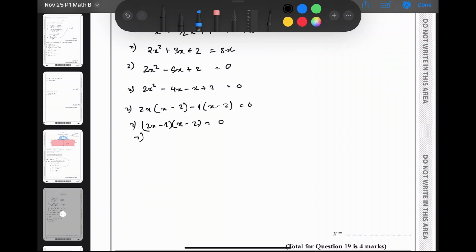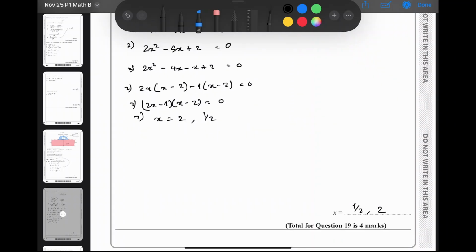After a hefty session of simplifying, we get the value of x as 2.5.